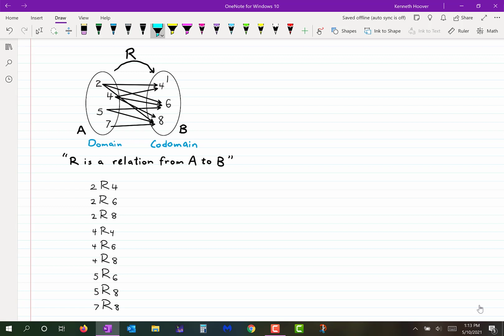Okay, so here's one way of depicting a relation, is with this kind of a diagram. Certainly very visual. Really gets the point across. But a couple drawbacks. Takes up a lot of space, tends to be time consuming to draw. And one of the biggest drawbacks here is the strength of that diagram is that it's very visual and you can see the relationships, but that strength can also be a weakness in this particular case.